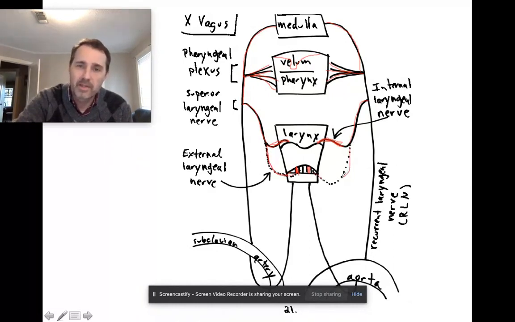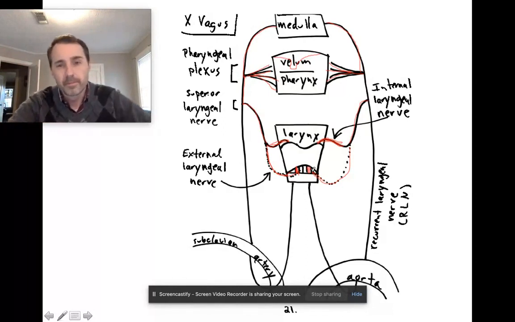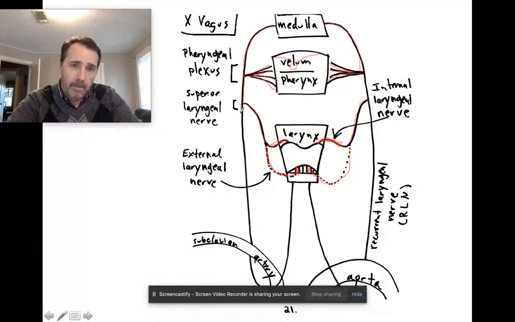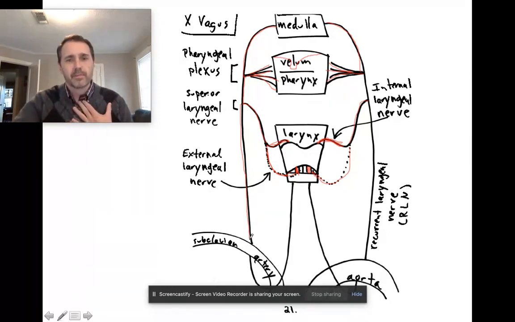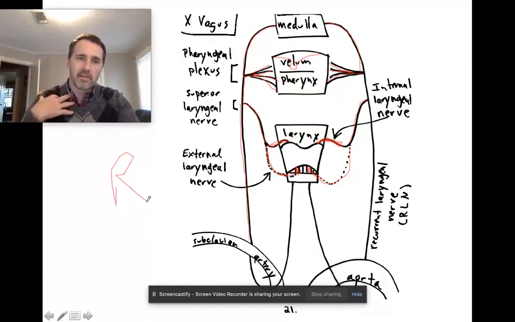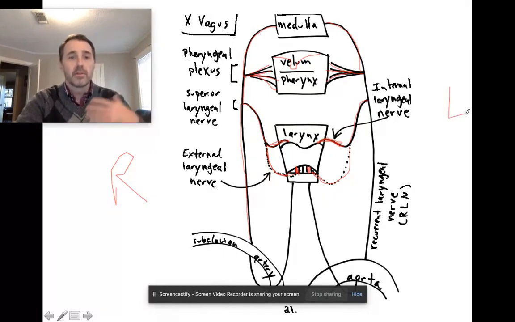That's the intrinsic branch of the SLN. The extrinsic branch of the SLN transmits motor plans to the cricothyroid muscle. And remember that the cricothyroid muscle is that muscle that pulls the thyroid cartilage forward, tensing the vocal folds. If we come back up to the main branch and follow it down south inferiorly, eventually it's going to go down into the upper part of your chest near your heart. On your right, you're going to have your subclavian artery, and on your left, you're going to have your aorta.